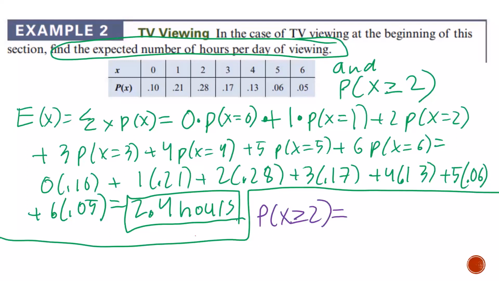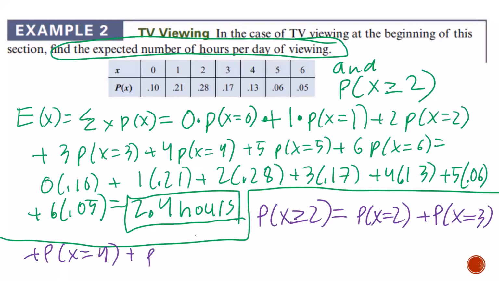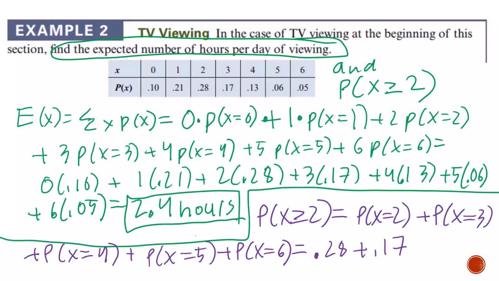It is simply the probability that you watch exactly 2 hours plus the probability you watch exactly 3 plus the rest, which should equal 0.69.